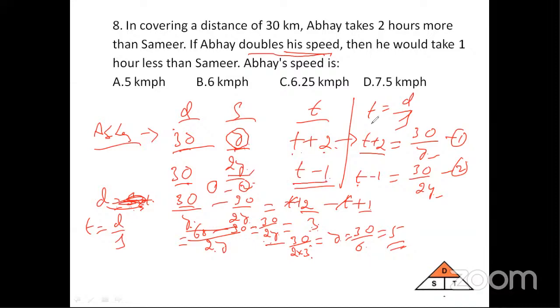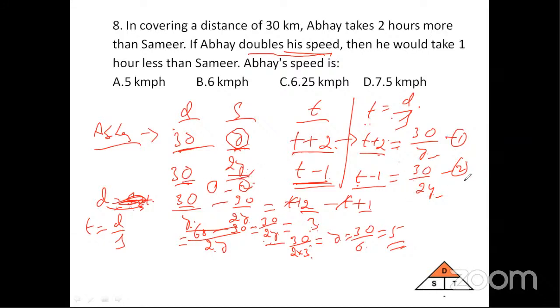Okay. We know the relationship between time: t is equal to d by s. So first case, t means t plus 2 is equal to d, which is same 30, by y, the speed is same y, so 30 by y. This is equation 1. Second case, t minus 1 is the time. So t minus 1 is equal to distance 30 by speed 2y.